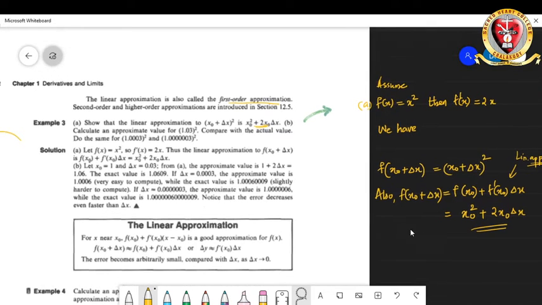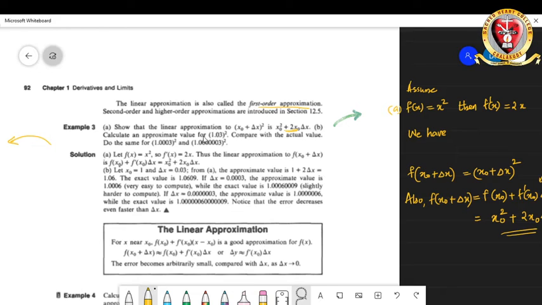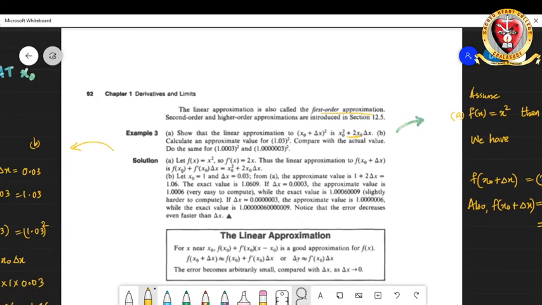For B, we are asked to calculate the approximate value of 1.03 the whole square and compare it with the actual value. We are asked to do the same thing for 1.00003 the whole square and 1.0000003 the whole square.